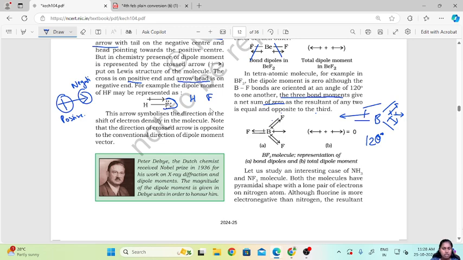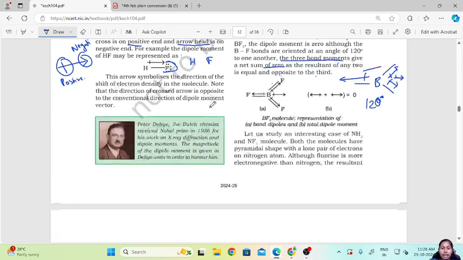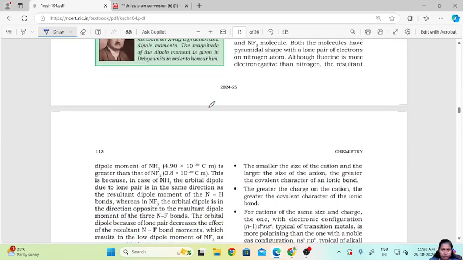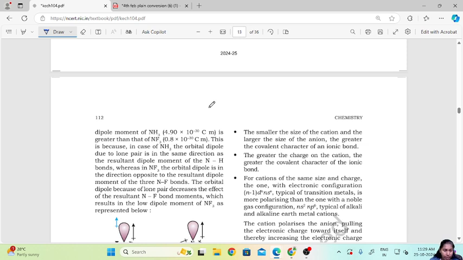So it cancels out. Let us study an interesting case of NH3 and NF3 molecules. Both the molecules have a pyramidal shape with a lone pair of electrons on the nitrogen atom. Although fluorine is more electronegative than nitrogen, the resultant dipole moment of NH3 is greater than that of NF3. This is an important question.